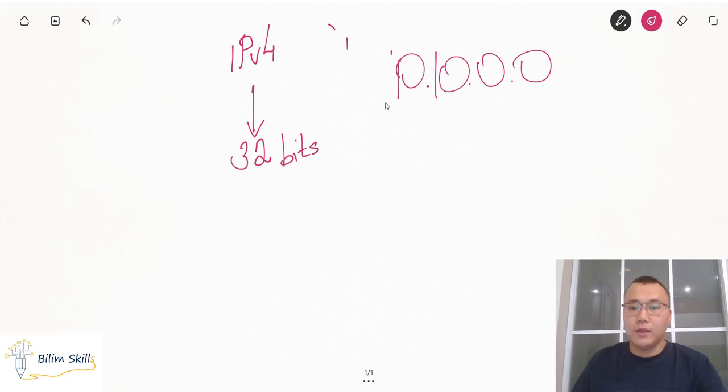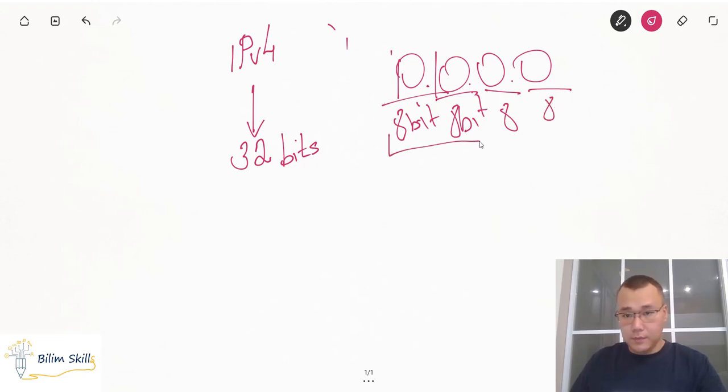Because every octet contains 8 bits. For every octet it's 8 bits. For this one also 8 bits, and for this also 8, and for this also 8. In the sum, you will get 32 bits.